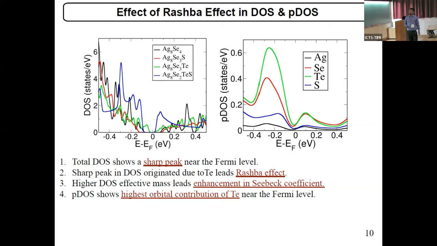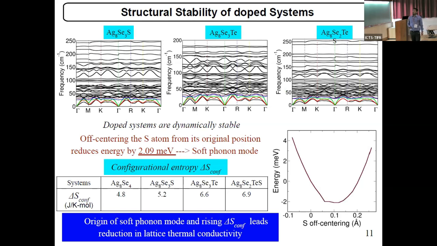As you already know, if there is a sharp peak in the density of states, and Seebeck coefficient is the first derivative of the density of states, Seebeck coefficient is expected to be very high. And we also observed in the projected density of states that it has the highest contribution from the tellurium orbital near the Fermi level. So from this graph, it is sure that tellurium has the highest contribution to the Rashba effect.